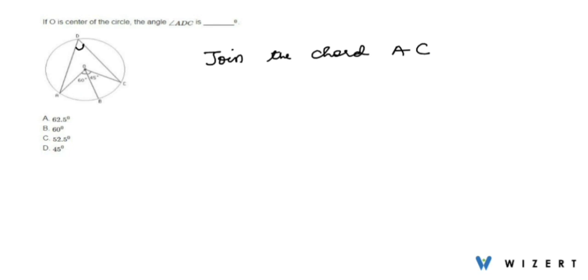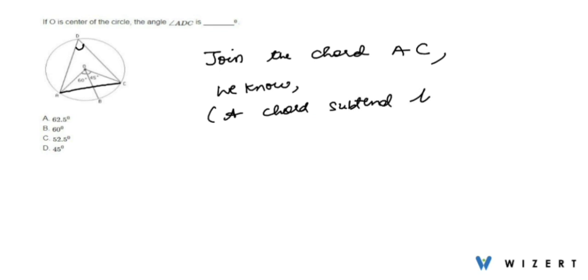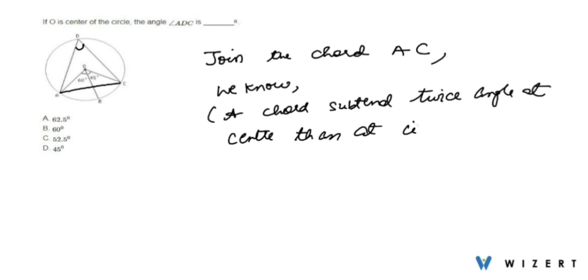So if we join this chord AC, then we know an important property that a chord subtends twice the angle at the center than at the circumference of the circle.